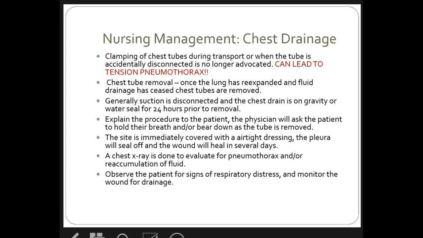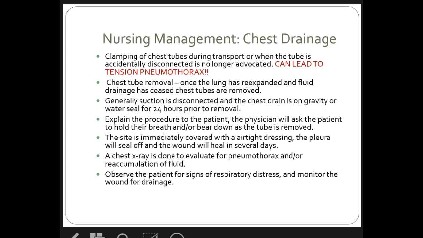The chest tube will be removed once the lung has re-expanded and the fluid drainage has ceased. Normally, if someone is on water seal or on suction, they will do a water seal initially, where they take them off the suction and continue to monitor to make sure that the lung stays re-expanded.